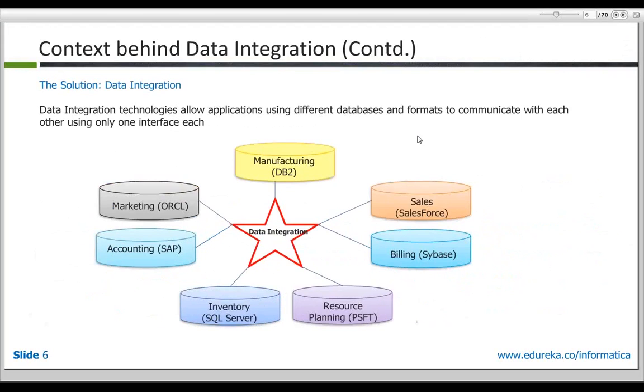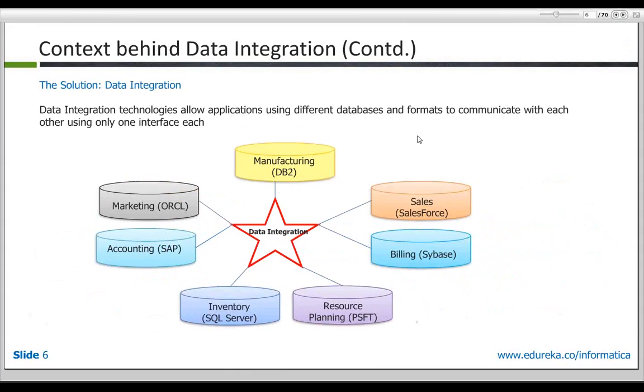So as a solution to that, data integration came into the picture. They said instead of directly interacting with every other application, we create a hub in between, which we call a data integration hub, and all the applications interact with this hub, storing and sharing the information there, and directly interacting with the data integration for retrieval of any information related to any environment.